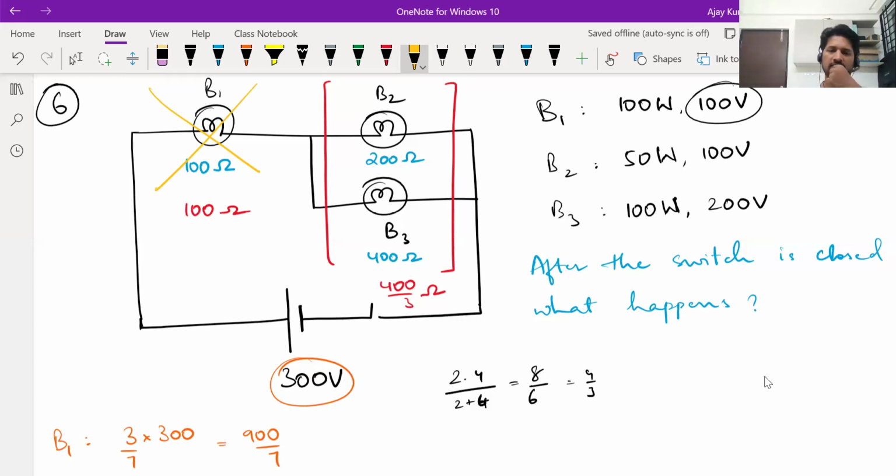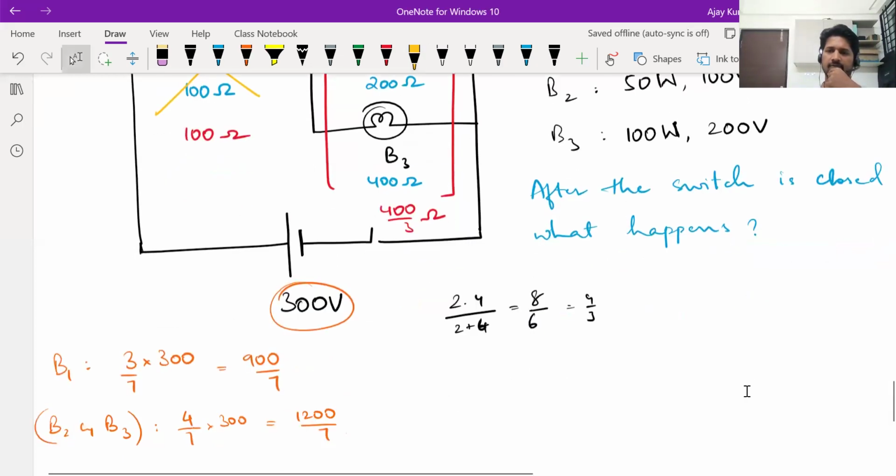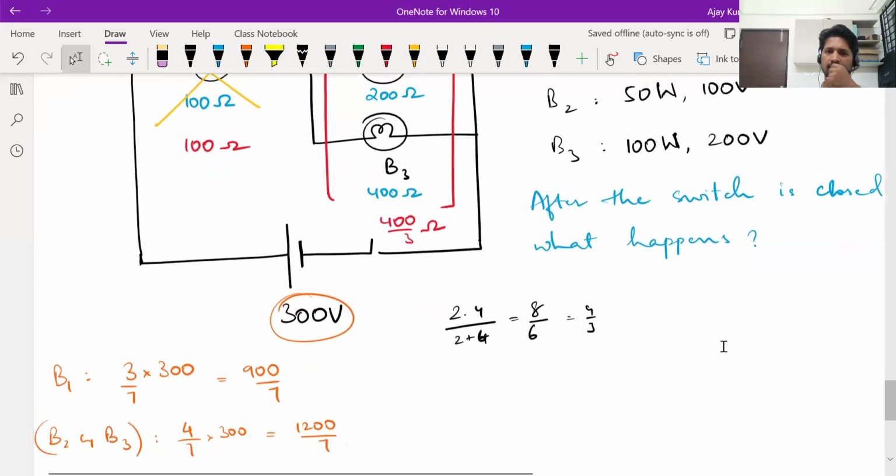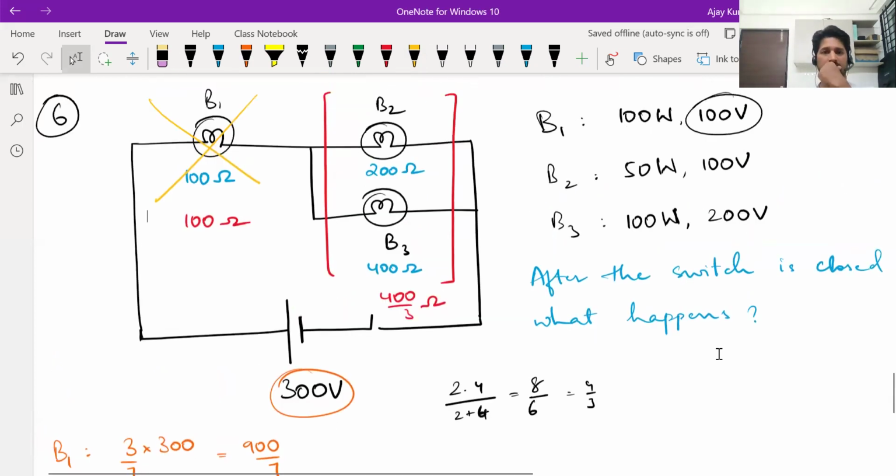What about B2, B3? Are both of them safe? So current will not pass. Why will current not pass through them? Because this got fused. But see, you are again imagining it the wrong way.